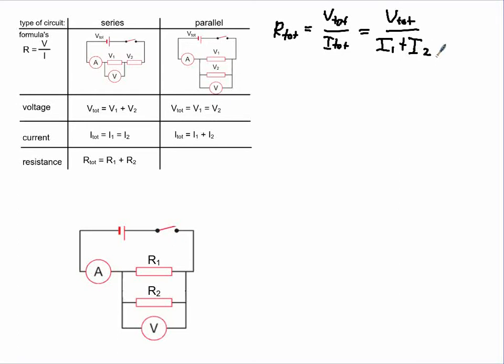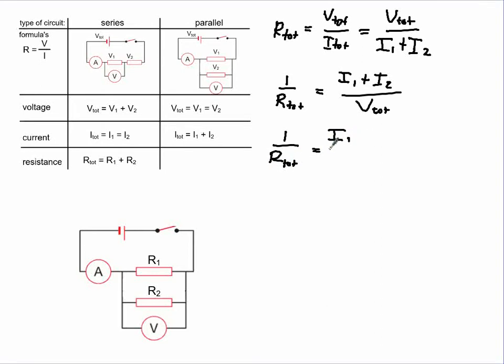Now we can't separate this because the sum is in the denominator. But we can get it in the numerator by taking the reciprocal. So 1 divided by R total equals I1 plus I2 divided by the total voltage. And now we can separate it.